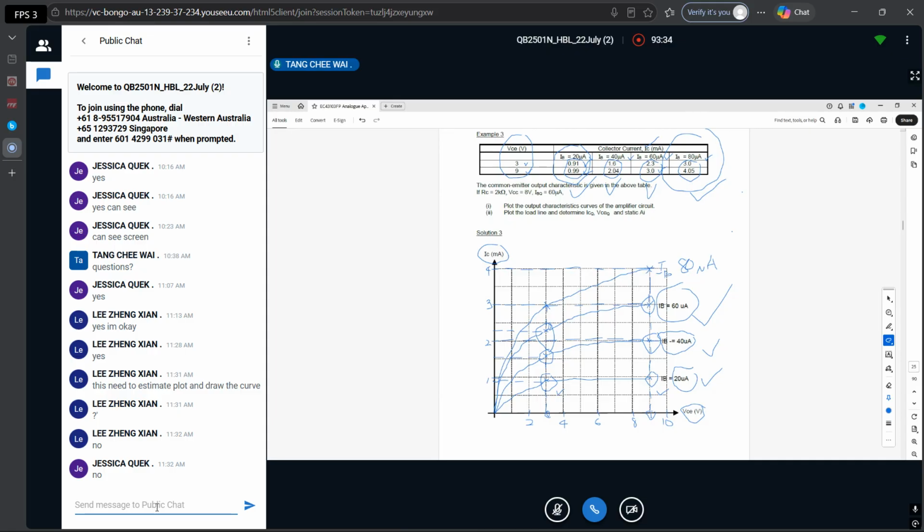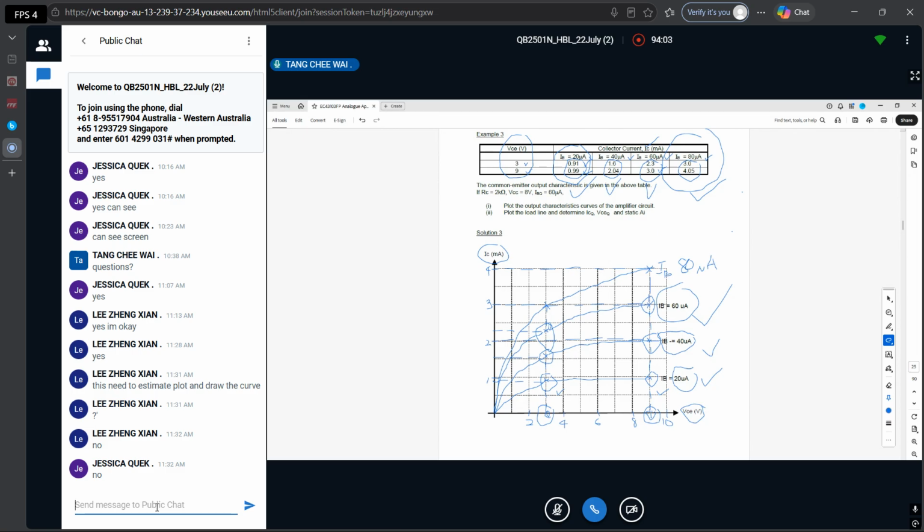Okay, so in essence, you know that the voltage is concentrated only on the 3 volts and the 9 volts. Look carefully there: VCC 3 volts and 9 volts only. Then of course the rest is your IC, your collector current, which is different for different IB.